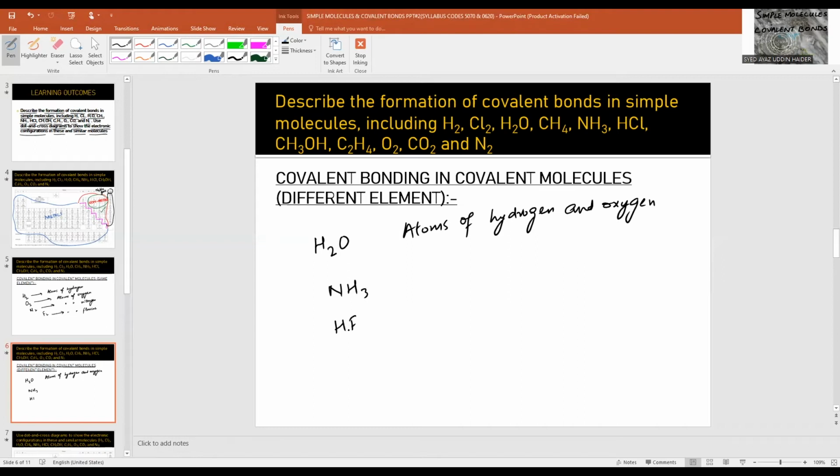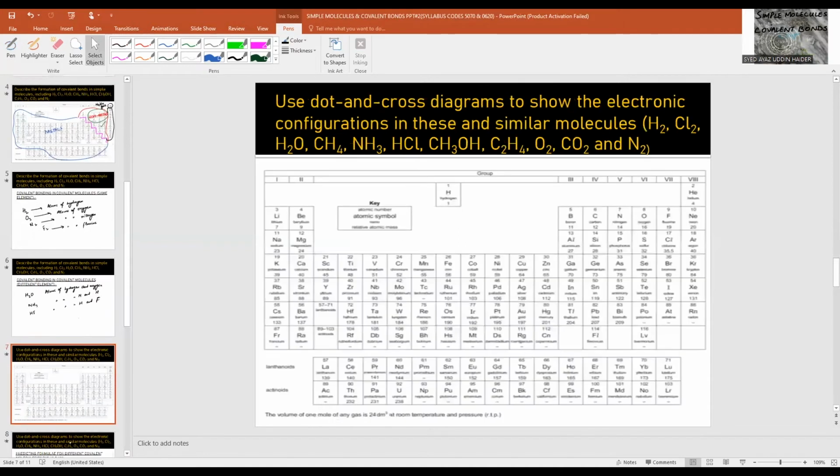HF, you have atoms of H and F. CH3OH, C2H4, SO2, etc. Many examples.